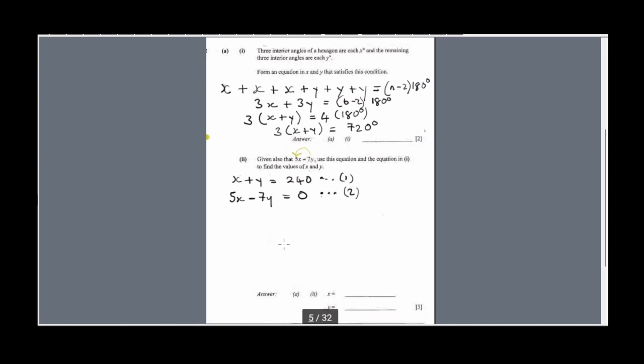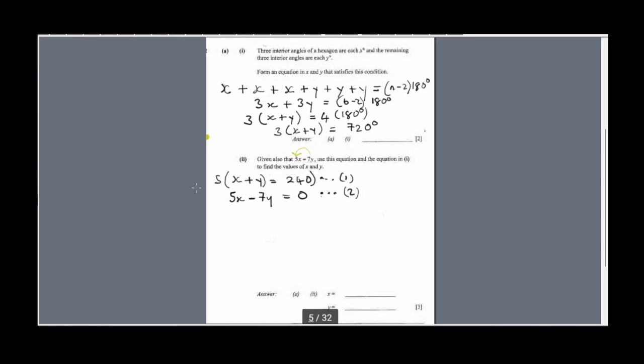Then how are we going to eliminate? To do this, let us start with our first equation. We need to eliminate x. We have to multiply everything with 5.